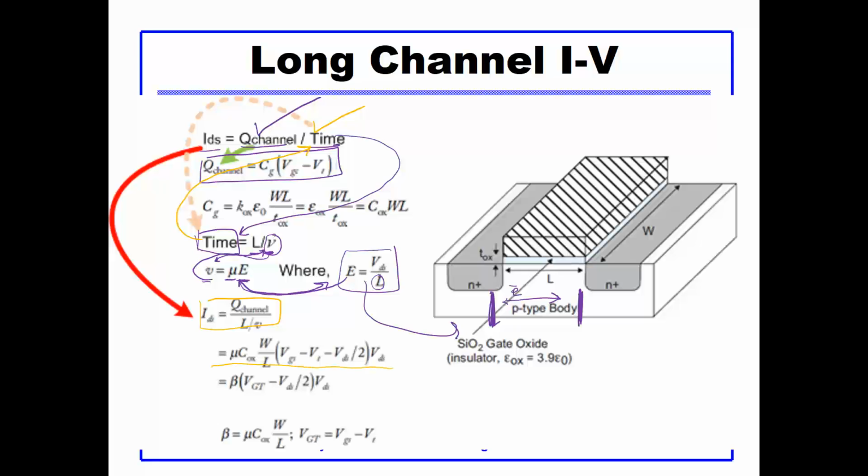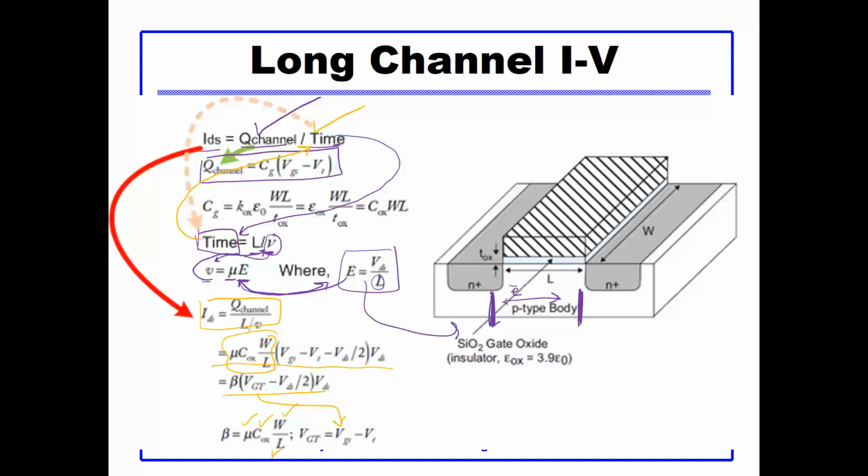With a little bit of math manipulation, we get this expression. Basically we would like to create a variable here, beta, where beta equals mobility times COX times W, the width of the transistor, over L, the length of the transistor. This is the expression right here, where VGT is VGS minus VT.